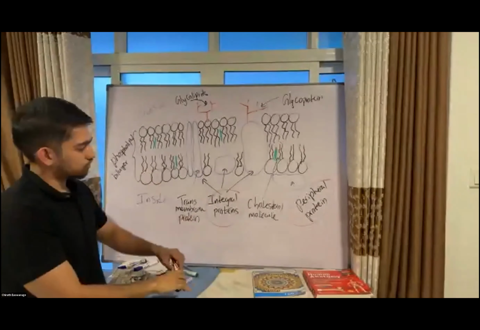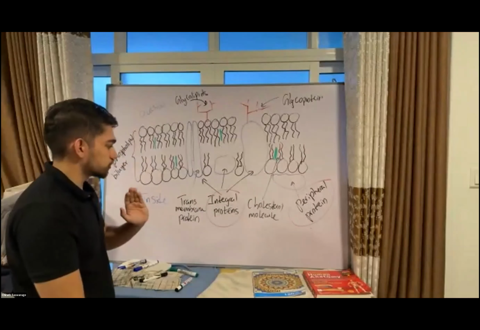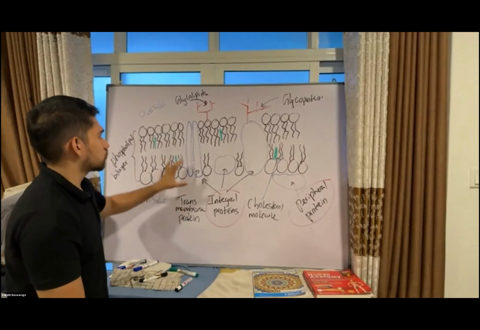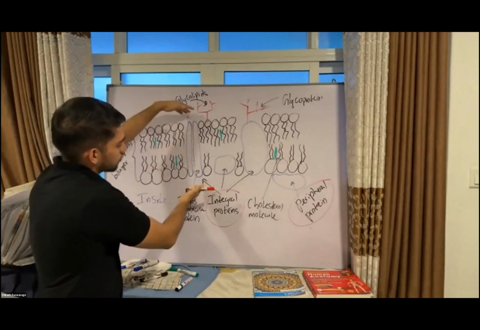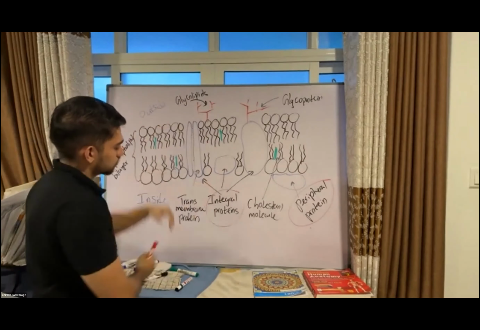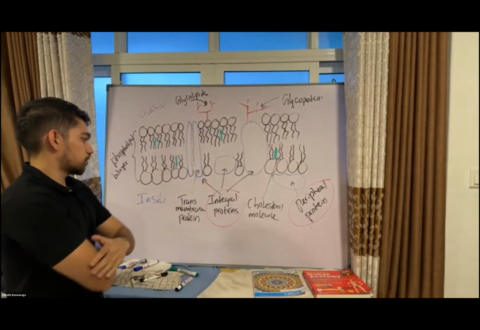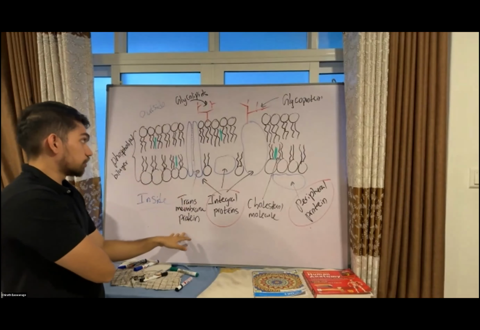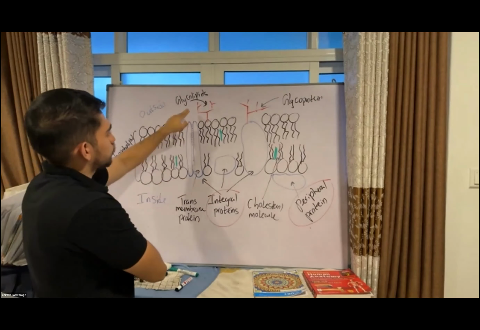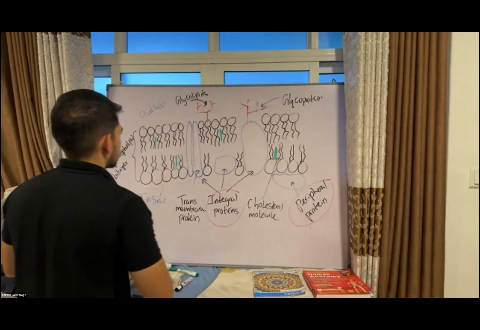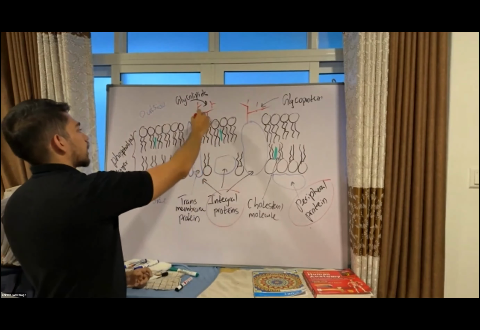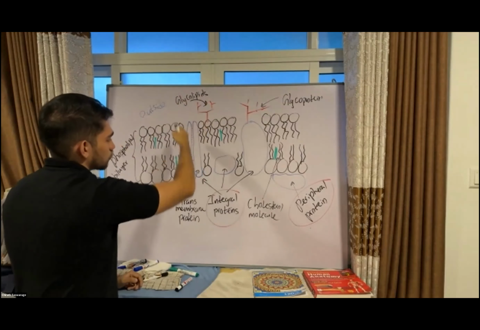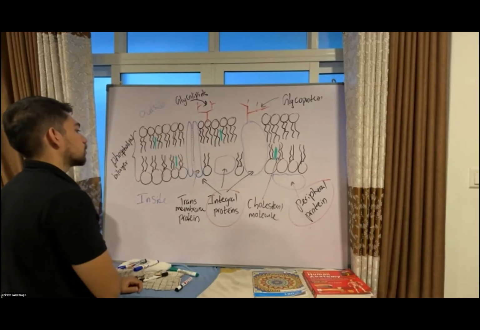But when we are thinking of the integral proteins, there's a special type of integral protein called the transmembrane protein. That is, I told you, the entire thickness. It's a special type of integral protein. And usually these transmembrane proteins have this channel inside, right? As I told you, it can act as a gate for substances to come in and also go out.